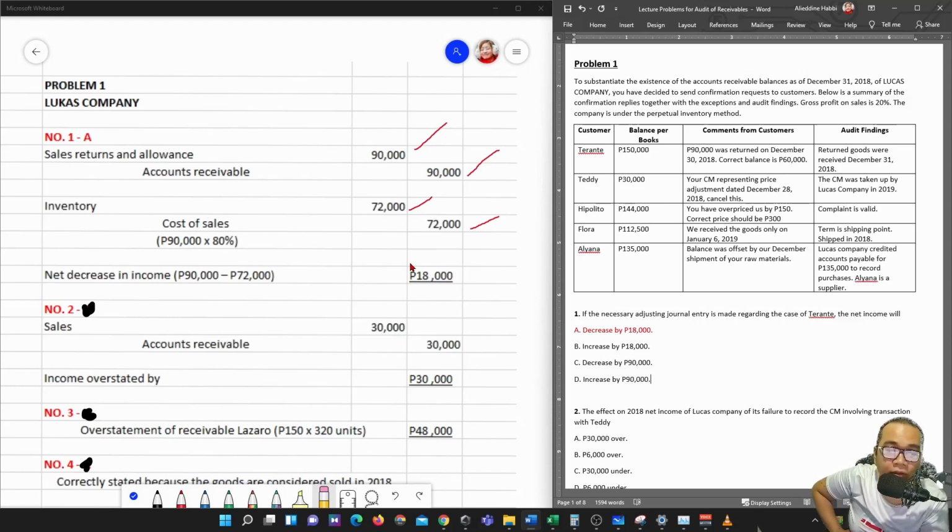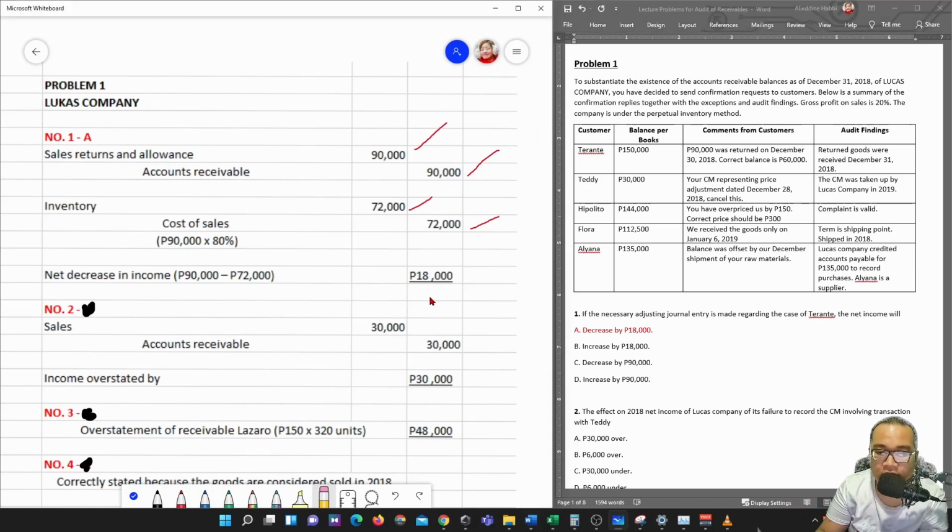It's sales or gross sales minus sales returns and allowances minus sales discount. Pag binawas mo yung net sales, bawas din yung income mo, bawas yung revenue, kaya sa contra revenue account. Huwag niyong kalimutan yung fundamentals, yung basics, diyan kayo titirahin sa board exam. So yun, bakit there is 18,000.